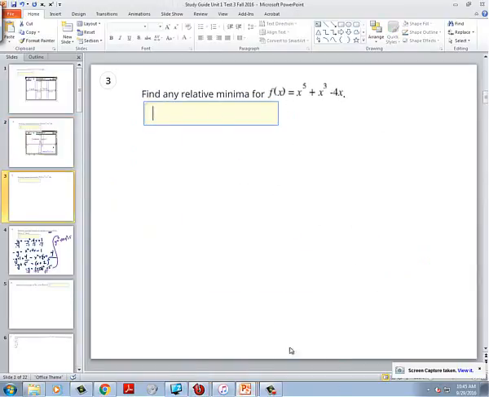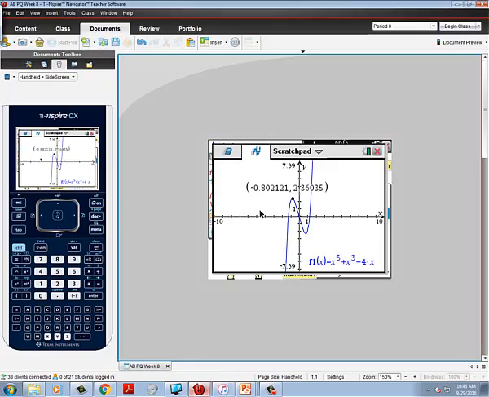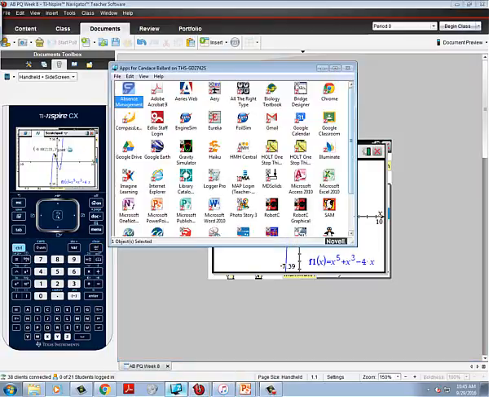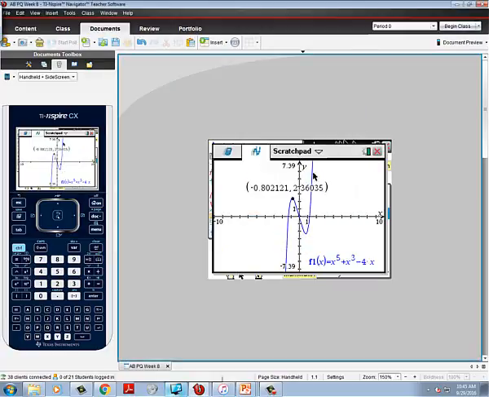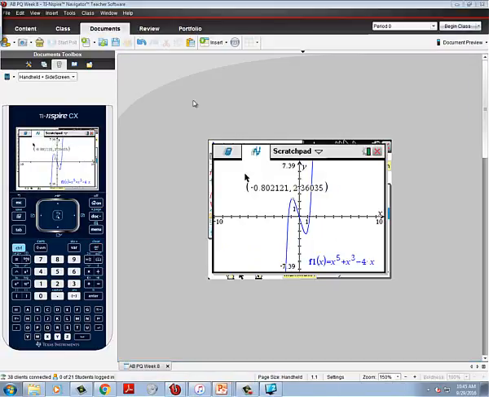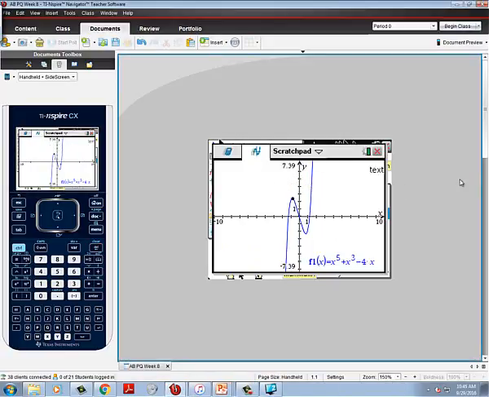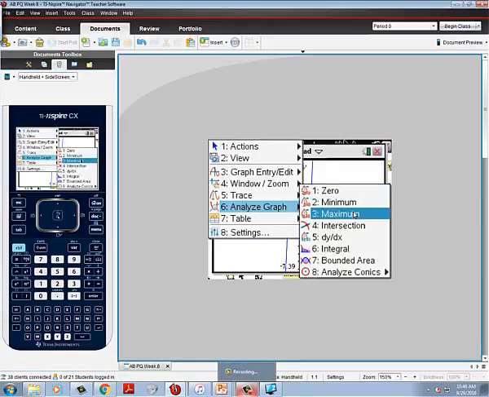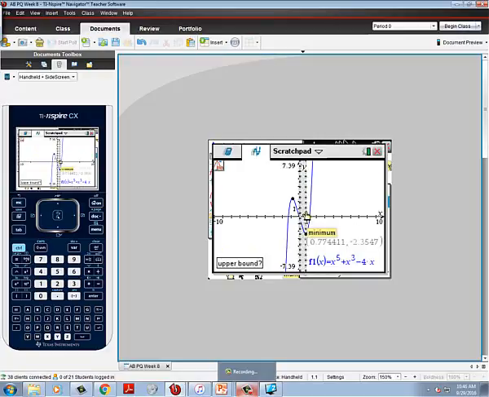This one is asking us for the minimum, so now I'm going to go calculate that. You don't have to delete the point, but I'm going to, so I just have the minimum when I paste it over. All right, so for the minimum, I go menu, analyze graph, minimum, I go to the left of it.